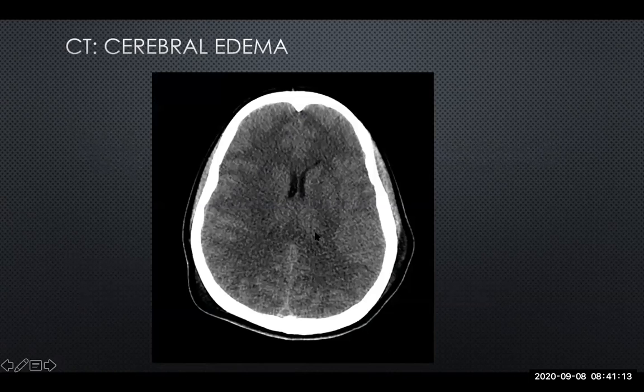Since we are talking about cerebral edema, this is what we are going to find on the CT scan. In cerebral edema, we see in this tomography the effacement of the brain sulci.